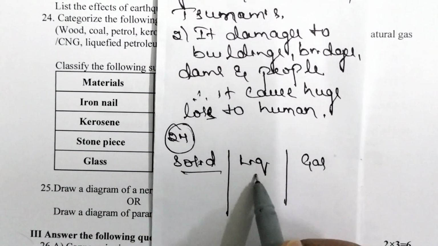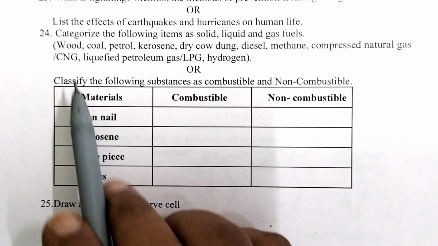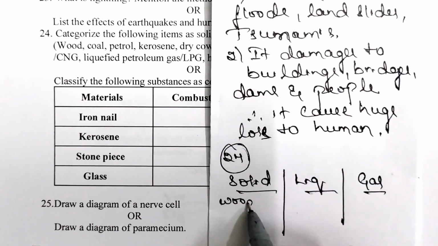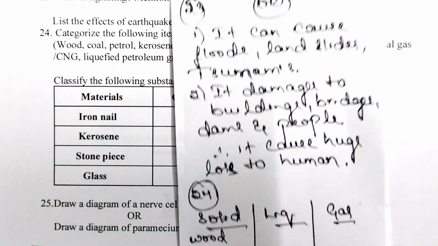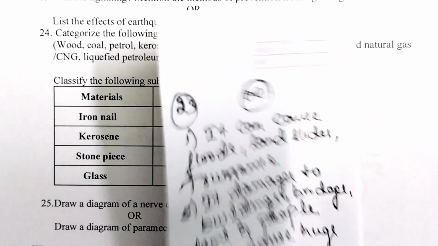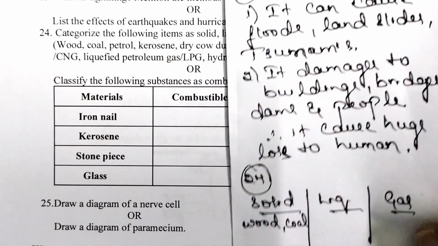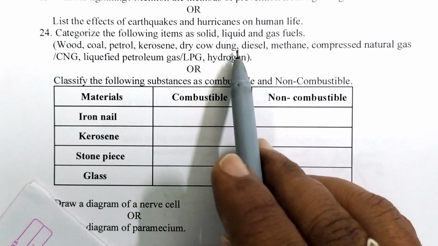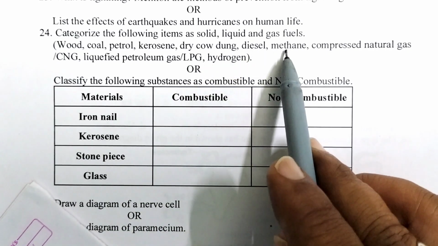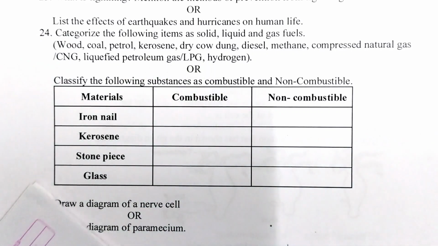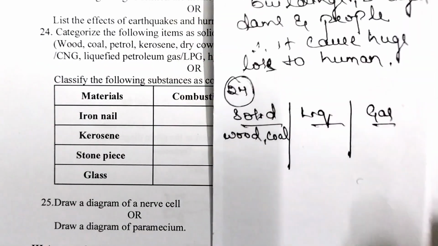Wood comes under solid. Then coal, it is also solid. Here they have given wood, coal, petrol, kerosene, dry cow dung, diesel, methane, compressed natural gas, LPG and hydrogen. So let us list all these.